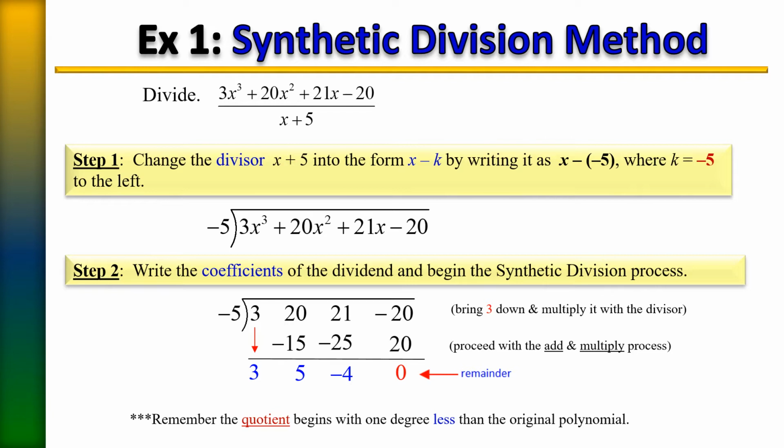So when we go 1 degree less, we take 1 from that 3, take away 1 is going to give you 2. So we're going to write our answer starting with a degree of 2. The next term would be a degree of 1, and the last term will be your constant. So the answer is 3x squared plus 5x minus 4. That is your answer, and there you have it, the synthetic division method.